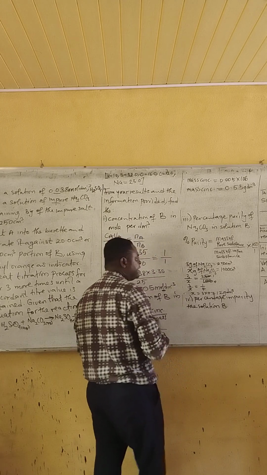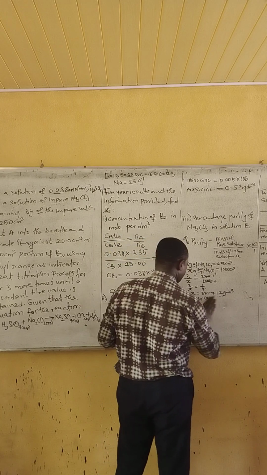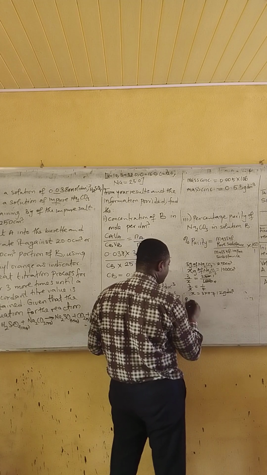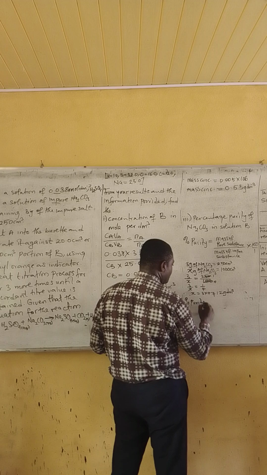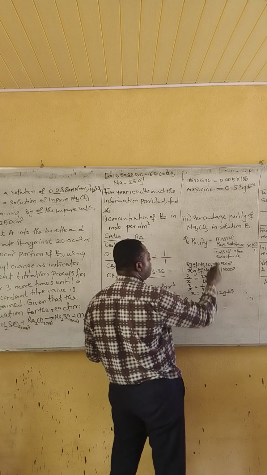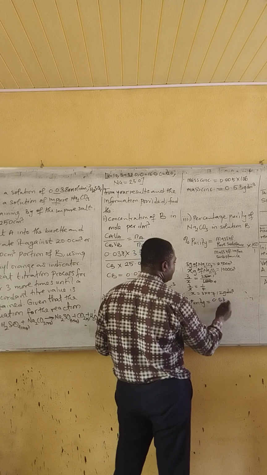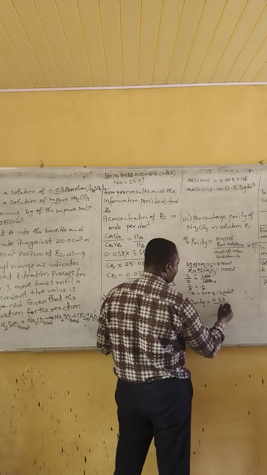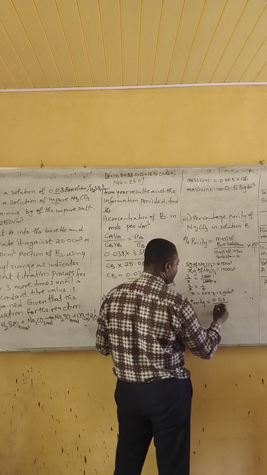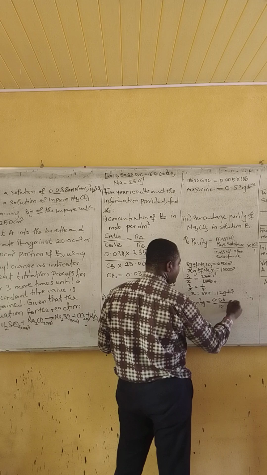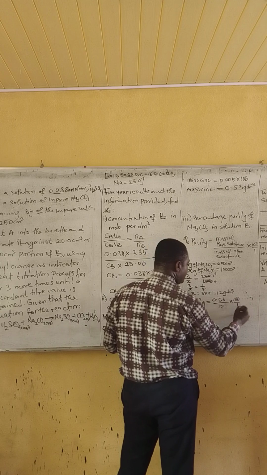Now, if that is taken, we can now say our percentage purity will now be mass of pure, which is 0.53, over mass of impure, which is 12 grams, then times 100 over 1.